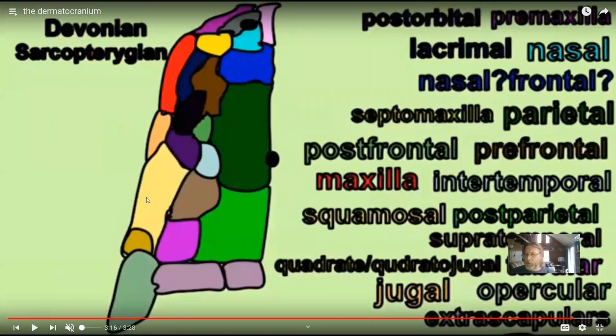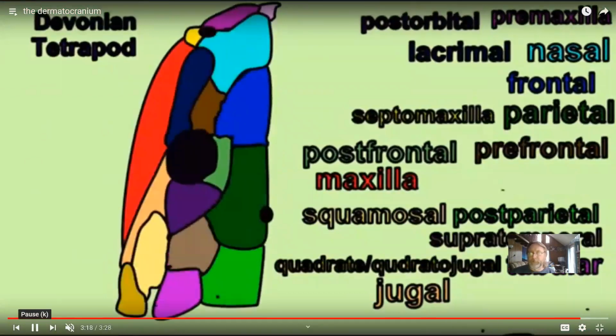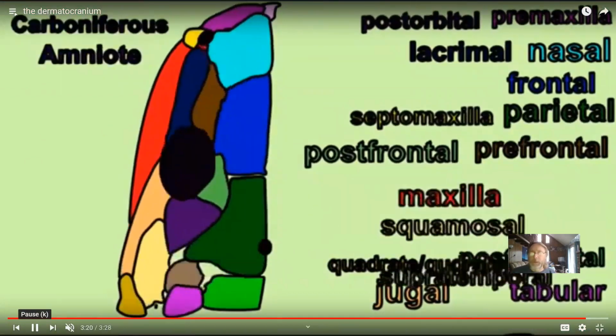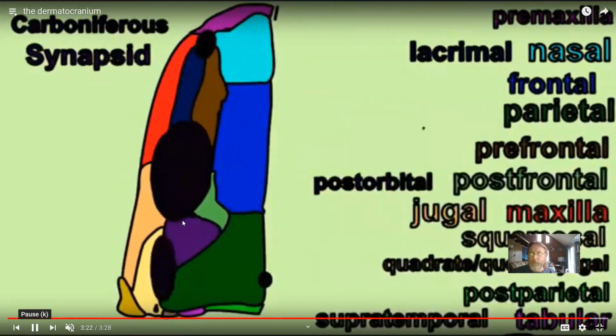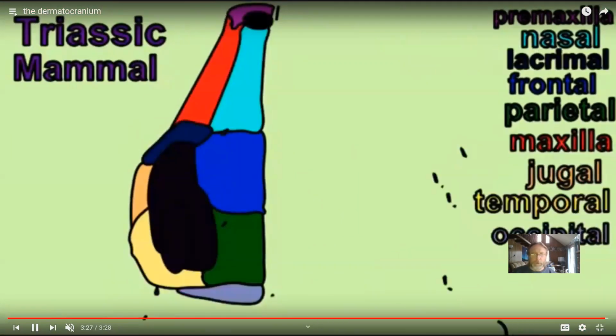By the time we get to the Sarcopterygian fish of the Devonian, we recognize more pieces. All are pieces which not only make up this fish's skull, but will then comprise part of the skulls of amphibians and reptiles, and even mammals like myself. They're just modified, some fused together and some get larger and reorient, etc.